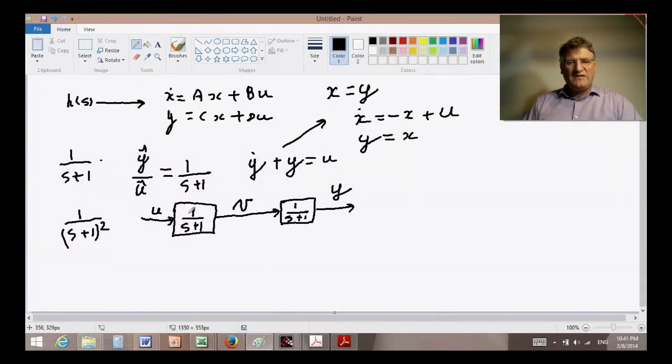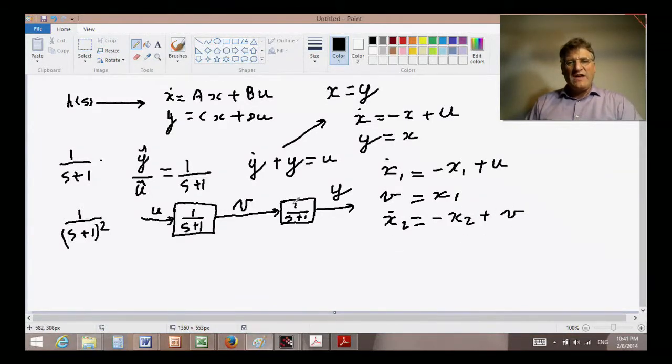From what we have said here, we can define a state space representation x1 dot is equal to minus x1 plus u, and then the output v would be x1. Second, we have x2 dot is equal to minus x2 plus v, and y is equal to x2.